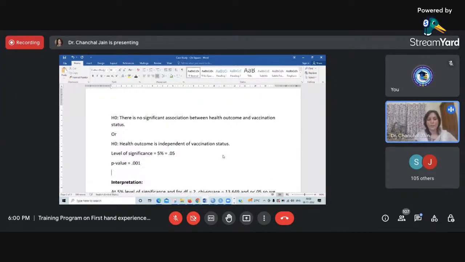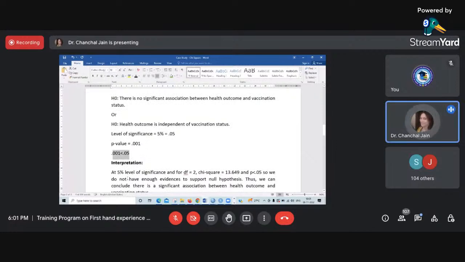When we compare 0.001 with 0.05, we can say that 0.001 is less than 0.05, right, ma'am? Usually we can understand this, but in writing, we need to write that the p-value is less than 0.05. Is it clear now, ma'am?